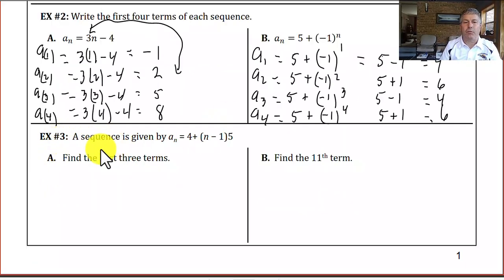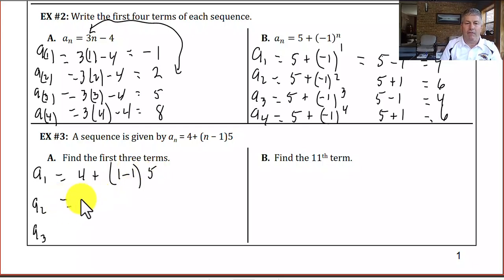In example 3a, we've got a sequence of 4 plus n minus 1 times 5. So we want to find the first three terms, which is just a sub 1, a sub 2, and a sub 3. So 4 plus 1 minus 1 times 5, 4 plus 2 minus 1 times 5, and 4 plus 3 minus 1 times 5.